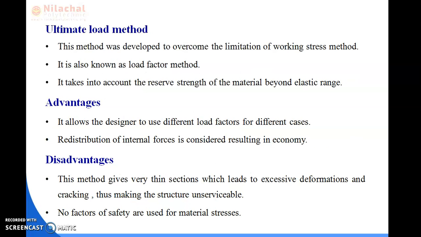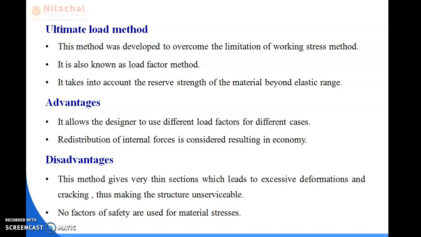Next is the ultimate load method. First of all, this method was developed to overcome the limitations of the working stress method. As I said before, some lacuna was found in the working stress method, so we prefer the ultimate load method instead.